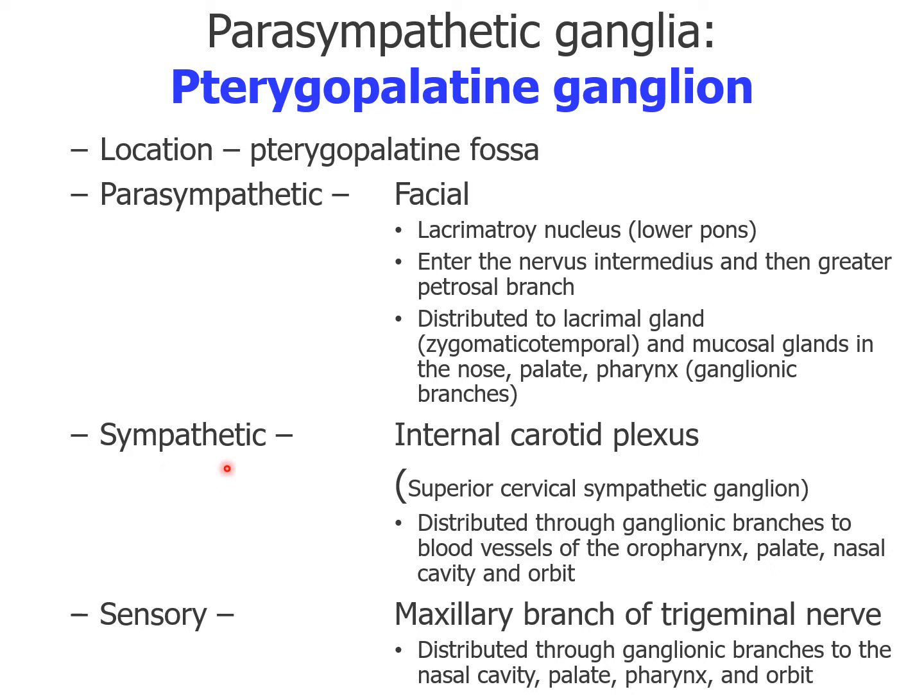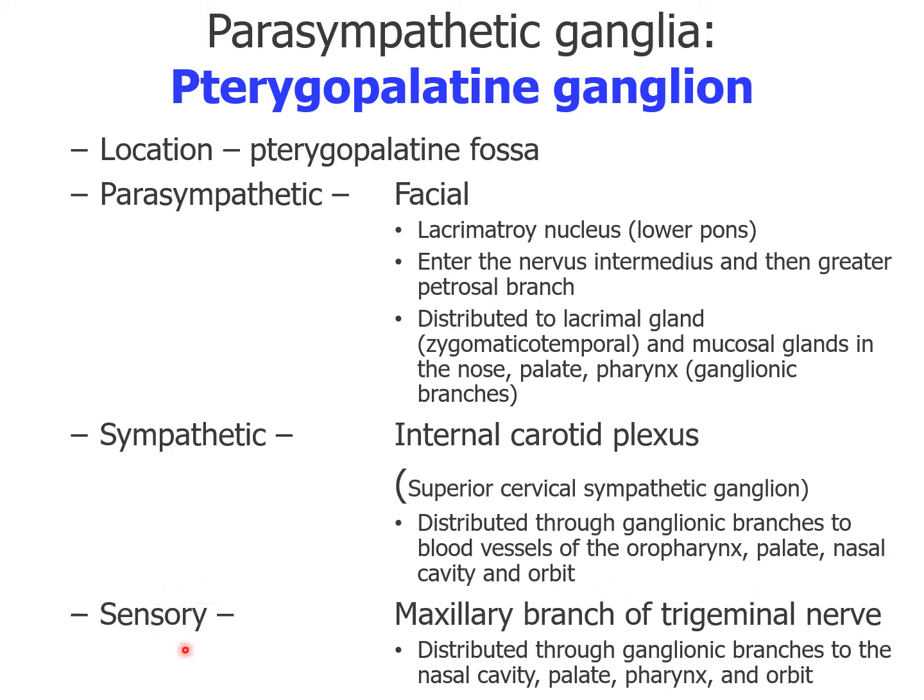The sympathetic route is provided by sympathetic fibers around the internal carotid artery. These fibers are basically postganglionic sympathetic fibers from the superior cervical sympathetic ganglion and are distributed through ganglionic branches of the maxillary nerve to local blood vessels in the oropharynx, palate, nasal cavity, and the orbit.